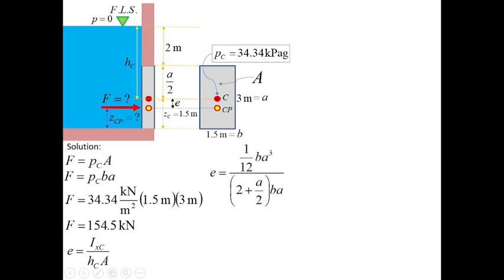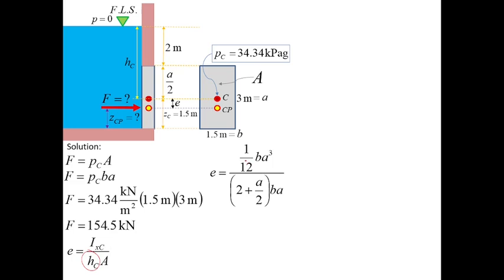So the eccentricity is now equal to, as I have discussed earlier in my previous slide, I'm encouraging you to memorize that the moment of inertia of a rectangle about the xc axis is equal to 1 over 12 BA cubed.